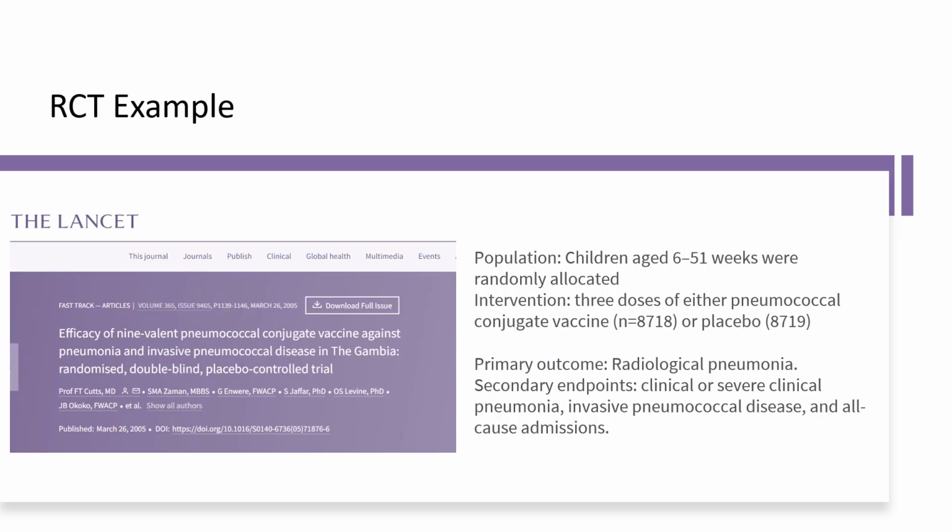An example of a randomized controlled trial is another study that was conducted here in the Gambia. The population that they looked at were children 6 to 51 weeks old. They were randomly allocated to an intervention, which was pneumococcal conjugate vaccine, or the other group had placebo. The primary outcome for this study was first episode of radiological pneumonia, and they had several secondary endpoints, which were things like clinical or severe clinical pneumonia, any invasive pneumococcal disease, and all-cause admissions.